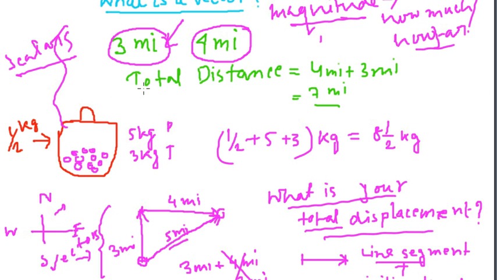And the second thing is, scalar quantities just add up. If you want the total, we simply add them up. But vector quantities don't simply add up. They have a different addition process.